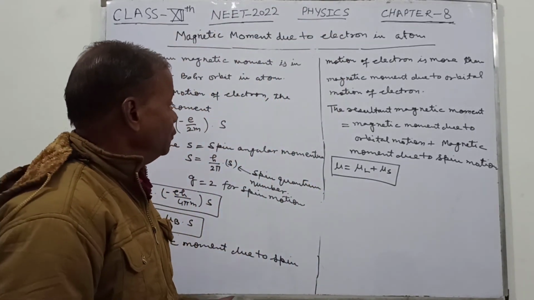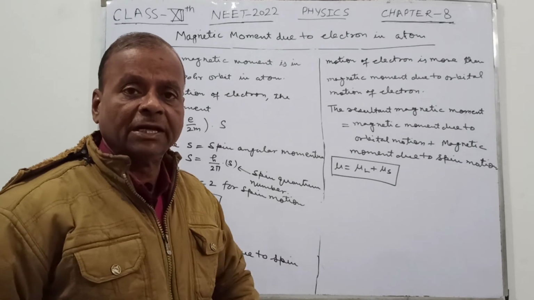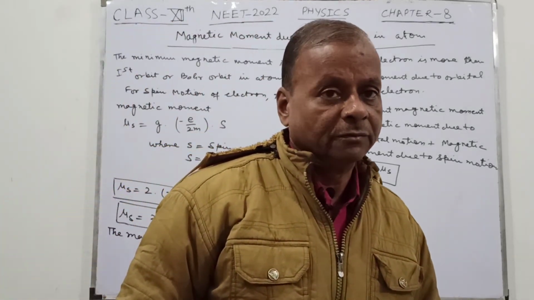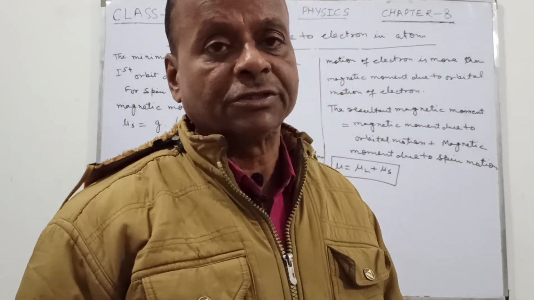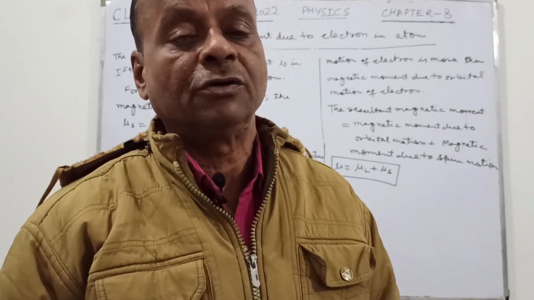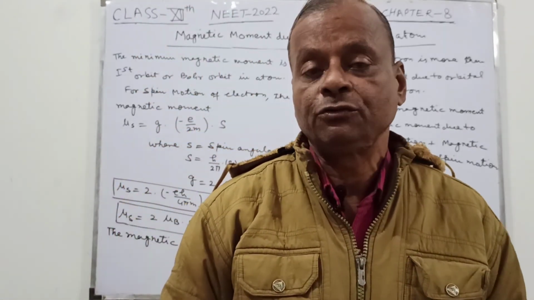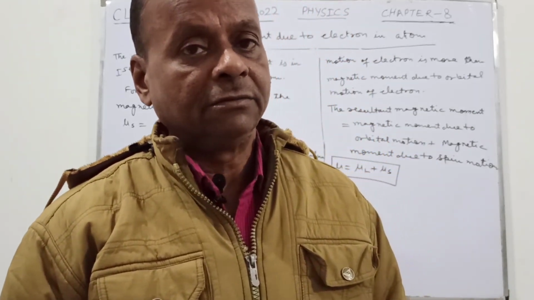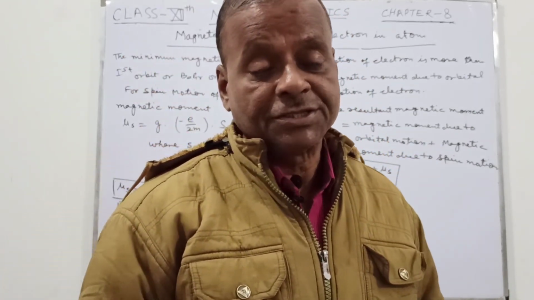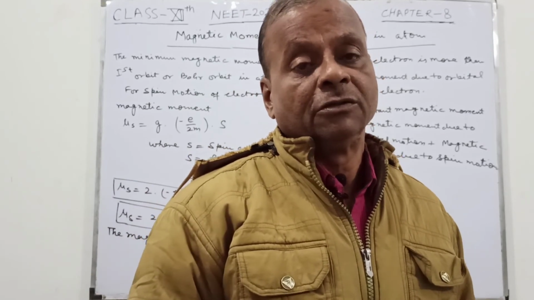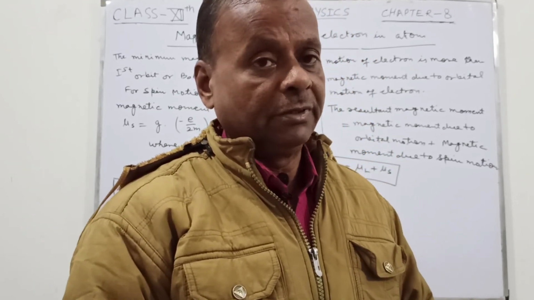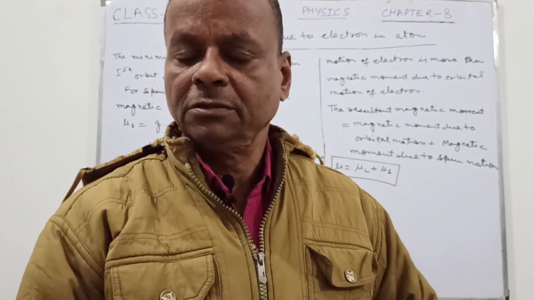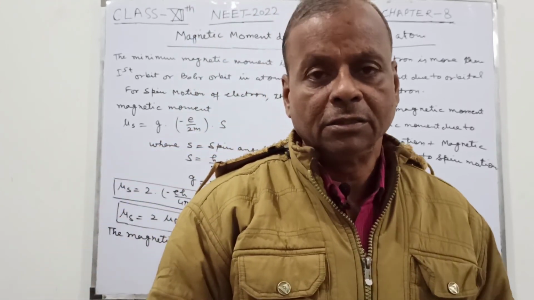Whenever the electron in the atom has orbital motion and spin motion, most of the magnetic moment is due to the spin motion. But generally, in the classical quantum mechanical view, the spin motion is not given in the book.